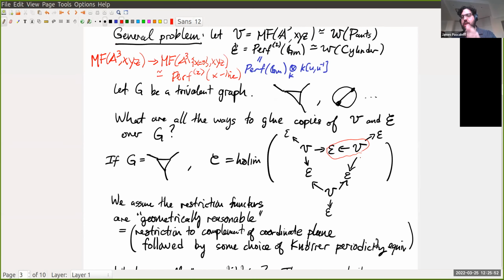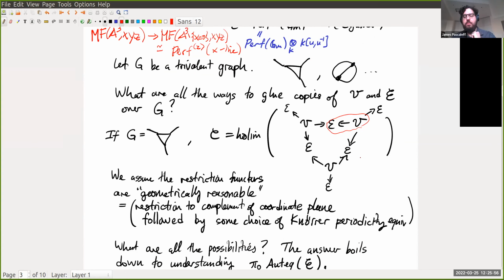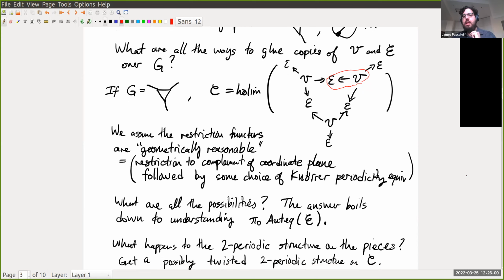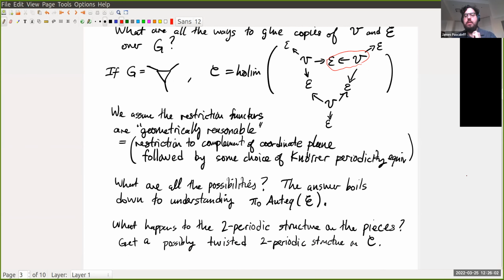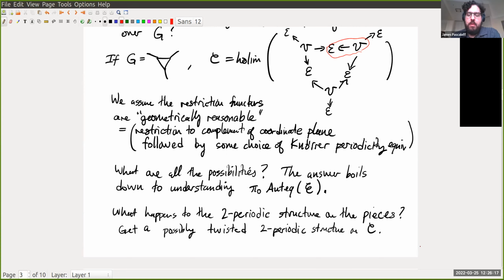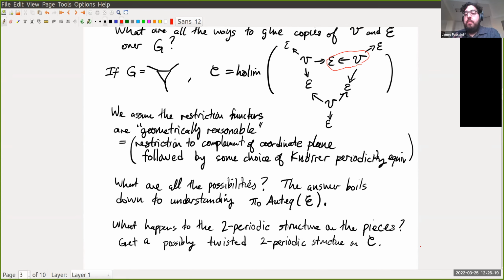So E is this Perf2 Gm, or it's the Fukaya category of a cylinder, thought of as a two-periodic DG category. And now, what you really need to look at is the autoequivalences of that category. Say, well, given this diagram, how can I twist it? What are all the possible twists? Now, that's one thing.